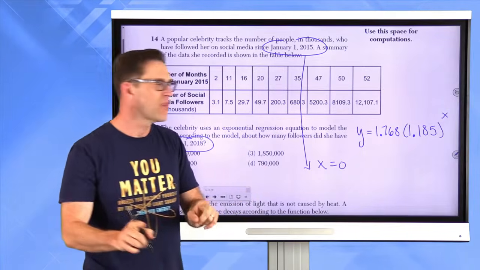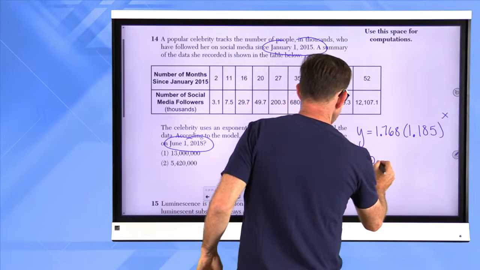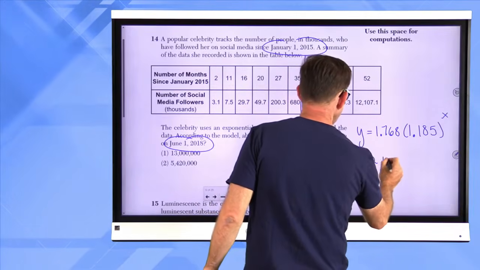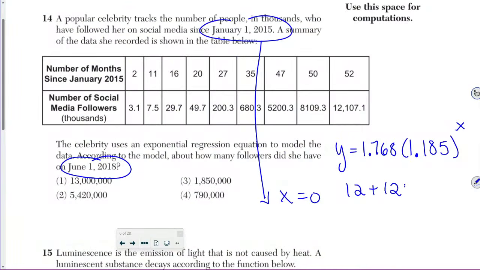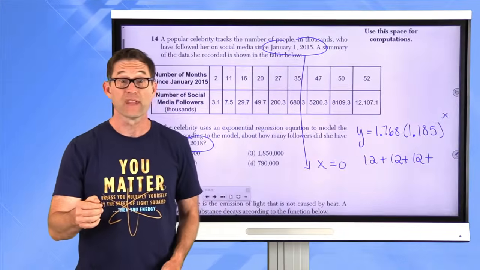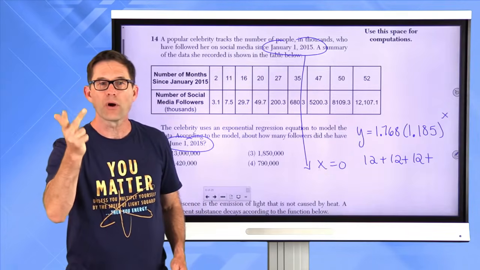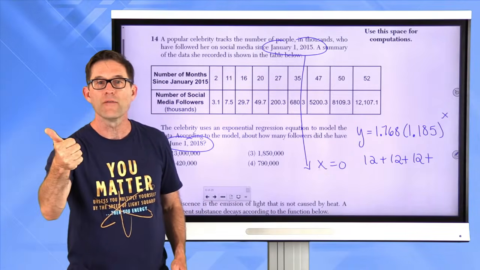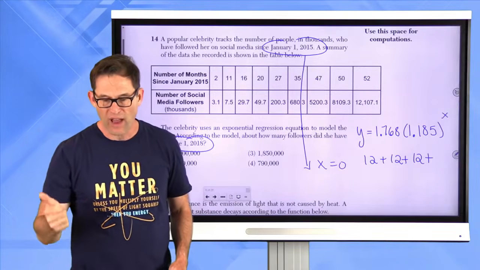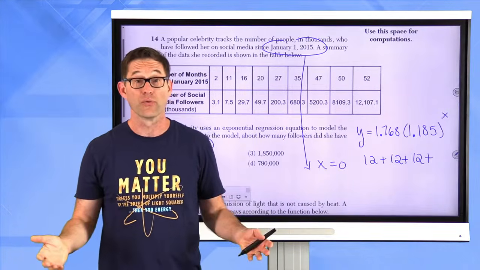So I want you to think about this. We have all of 2015, that's 12 months. Remember, x is months. All of 2016, that's 12. All of 2017, that's 12. And now we have January, February, March, April, May. Actually, we don't go through June.